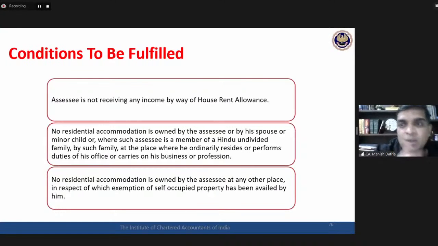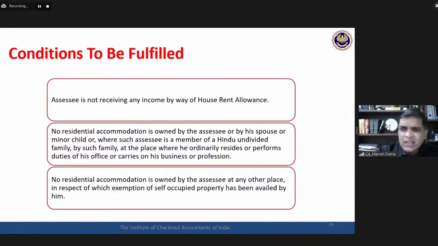One property you are saying is my self-occupied property, and then you are also saying I'm staying in a rented house, give me 80GG deduction. Both things are not possible. Something is wrong somewhere. So that's why the law says if you are claiming any property as SOP, self-occupied property, then 80GG deduction would not be available. So three conditions are to be fulfilled, then only can the deduction under section 80GG be claimed by the assessee.